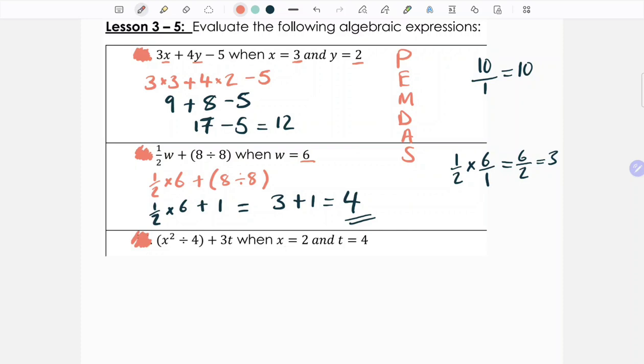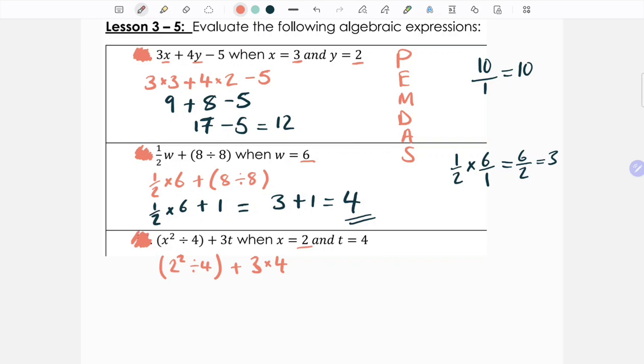So when x equals 2 and t equals 4. So again, we're going to first just replace the variables with numerical values. So let's just rewrite our expression. So I've got x, which is 2. So we've got 2 squared divided by 4 plus 3. 3t means 3 multiplied by t, where t is 4. So I've just replaced the letters with numbers.